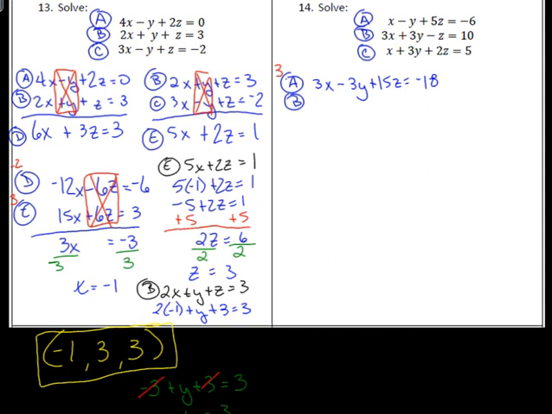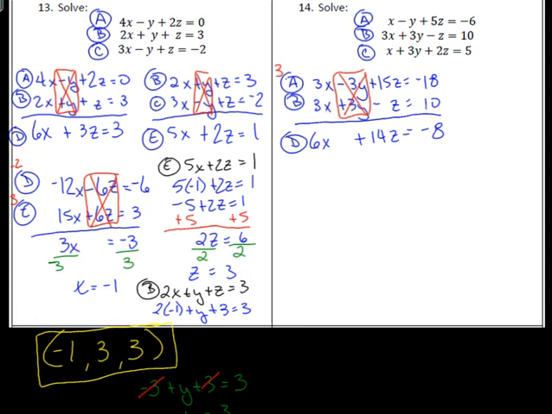Then I have 3x plus 3y minus z, not 6. Let's try again. Z is equal to 10. I add straight down, and in doing so, my y variable has been eliminated now. So I have 6x plus 14z is equal to negative 8 in equation D.